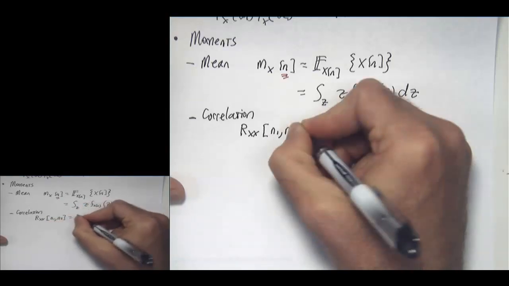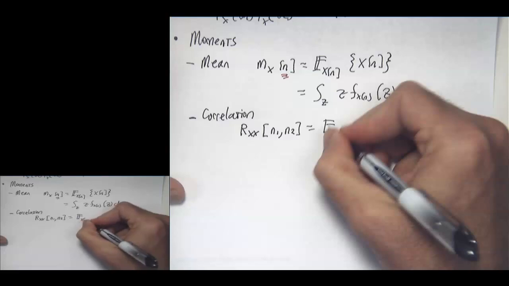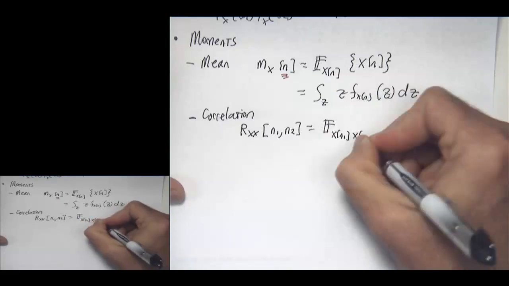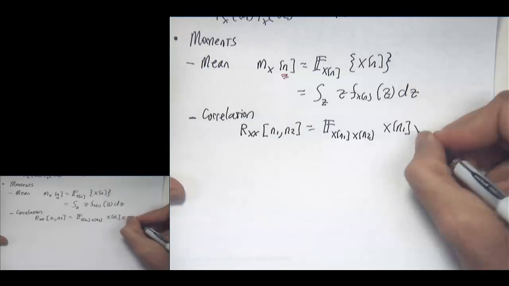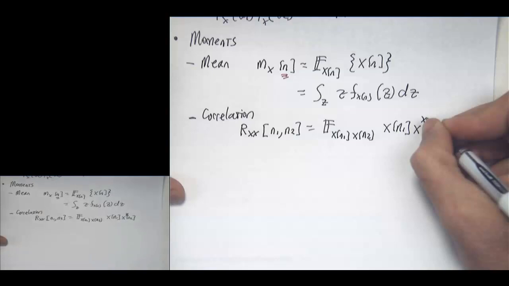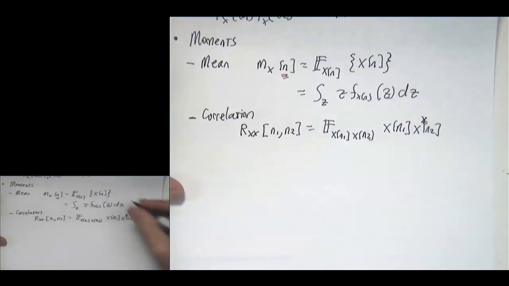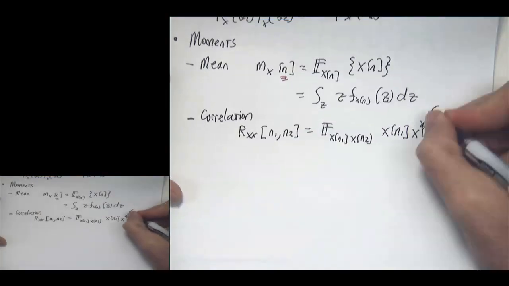This is the expectation of X[n1] times X[n2], with an asterisk, a conjugate, because we're dealing with complex random variables.